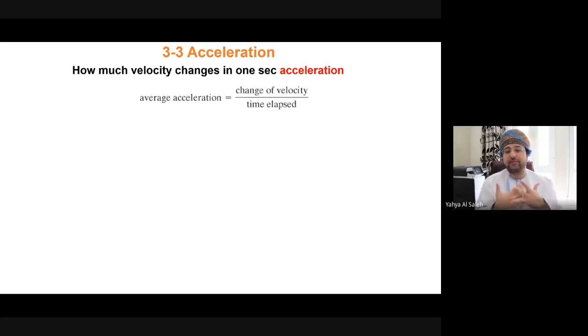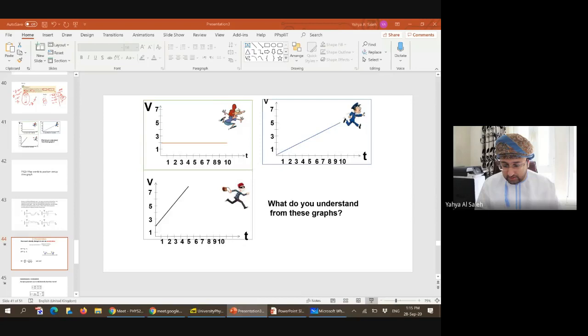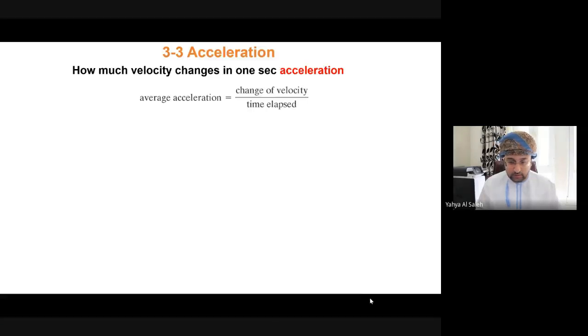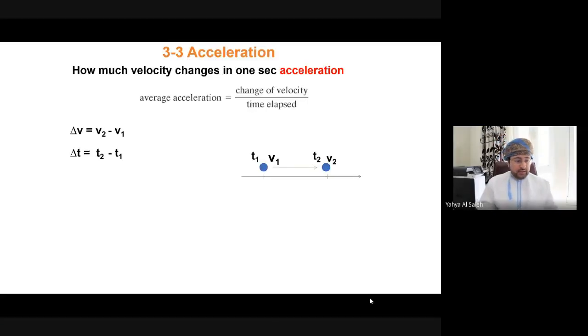Here, the change of velocity, how fast our speed changes in a certain amount of time, we will call it acceleration. Okay, we will do the exact same math. But instead of delta x over delta t, we will do delta v over delta t. And we will get average acceleration.